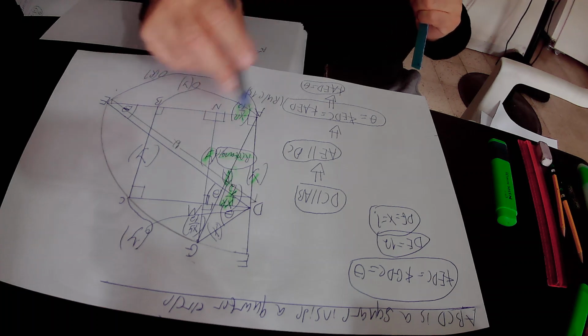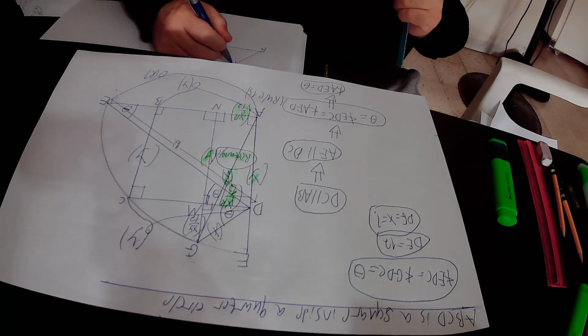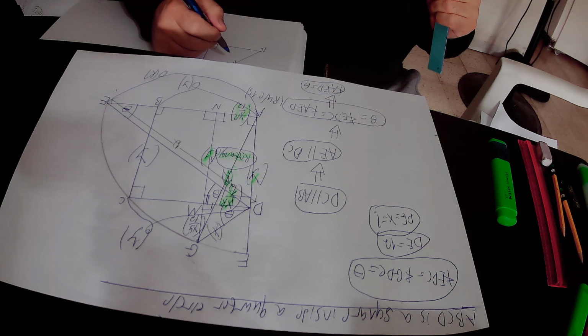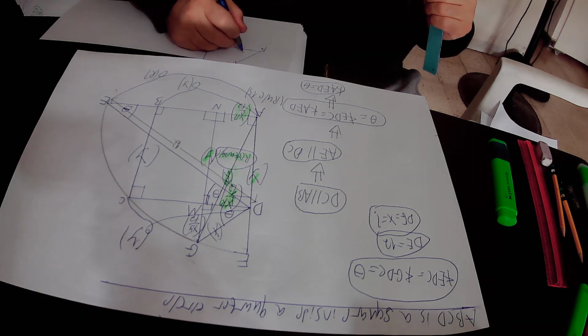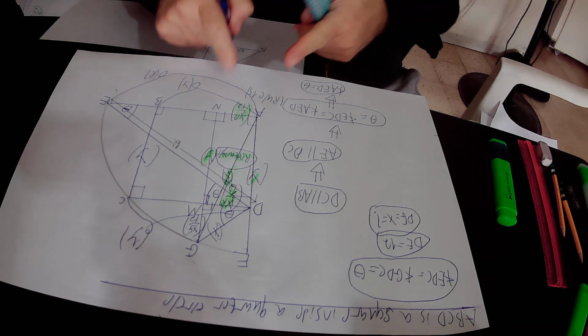The hypotenuse AG equals R, is also the radius of the quarter circle. AN equals XR over 12. This is side AN.